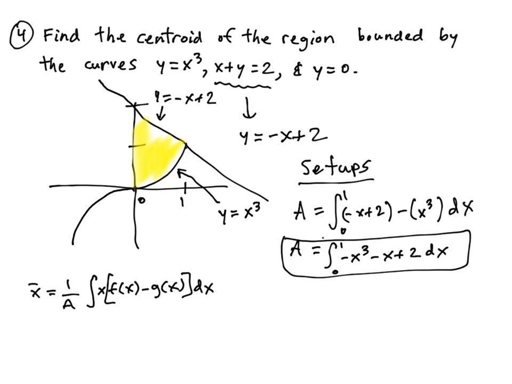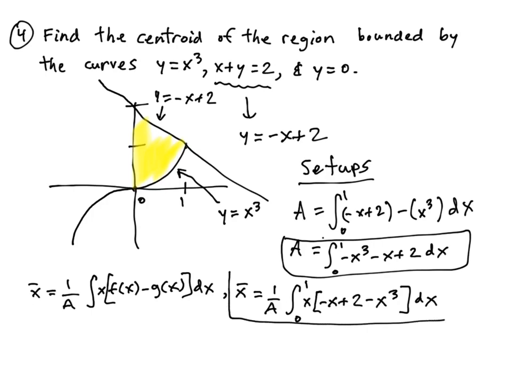So this means that x bar is equal to 1 over the area times the integral from 0 to 1 of x times the top function minus the bottom function. And from here you would distribute the x and all that stuff, but we're not going to do that. We're just going to box this.